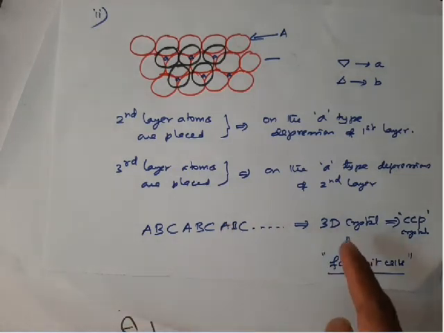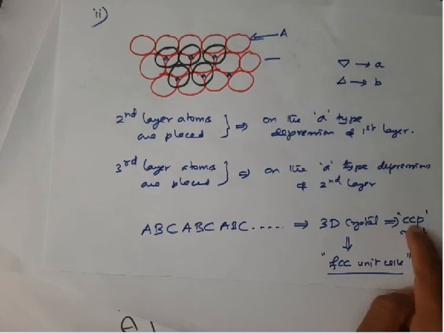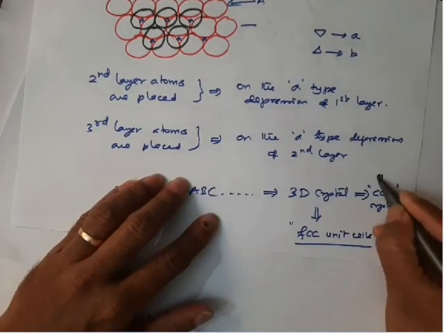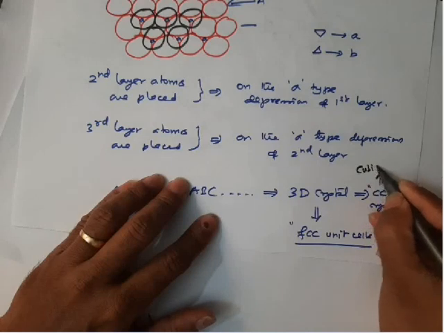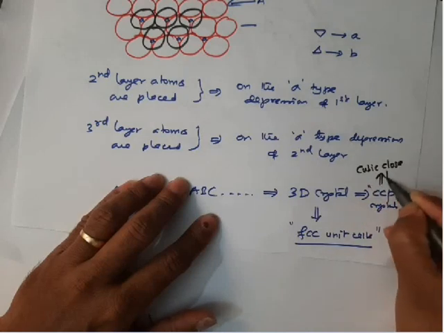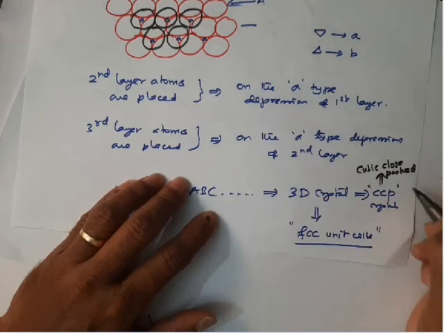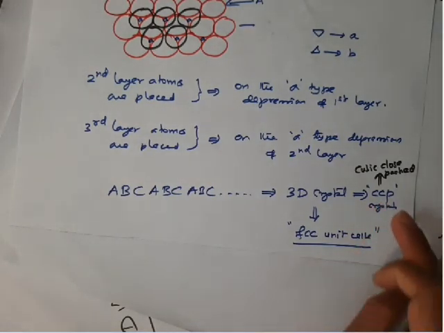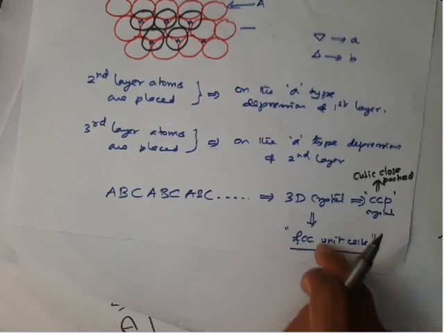ABC, ABC, ABC type of arrangement will give you a 3D crystal. That 3D crystal is called as cubic close packed crystal, simply called CCP. CCP crystals consist of FCC unit cell.